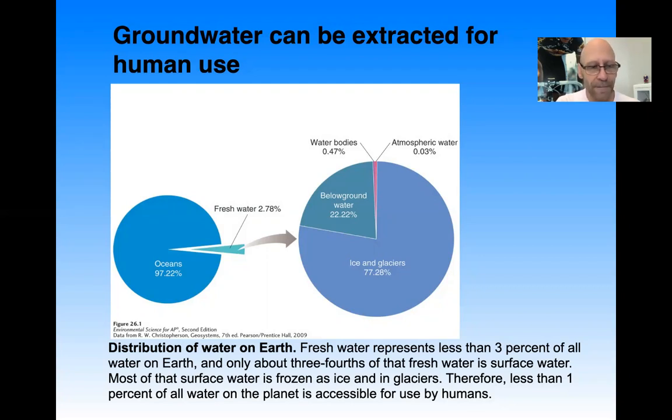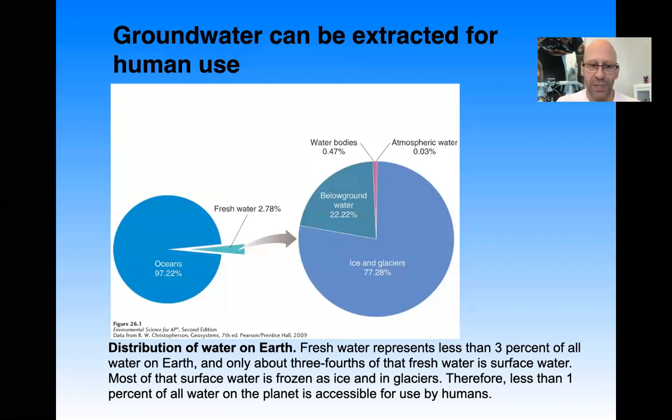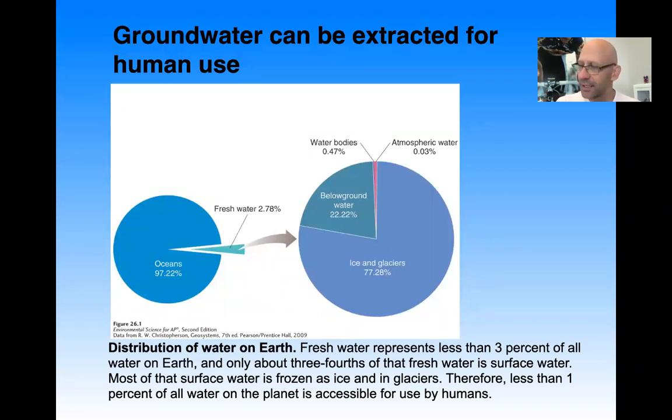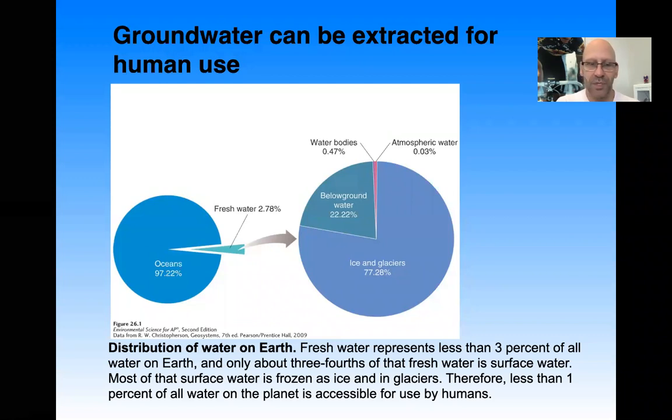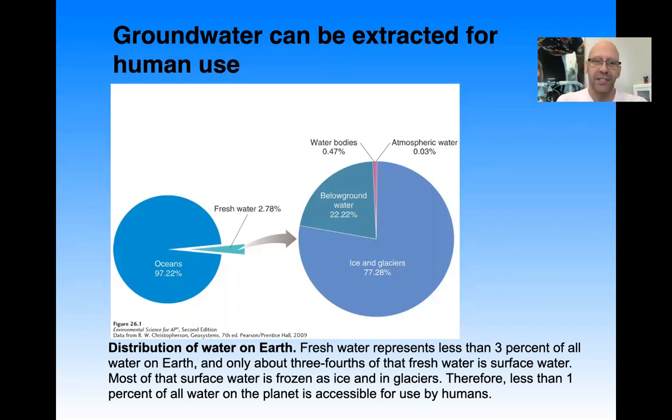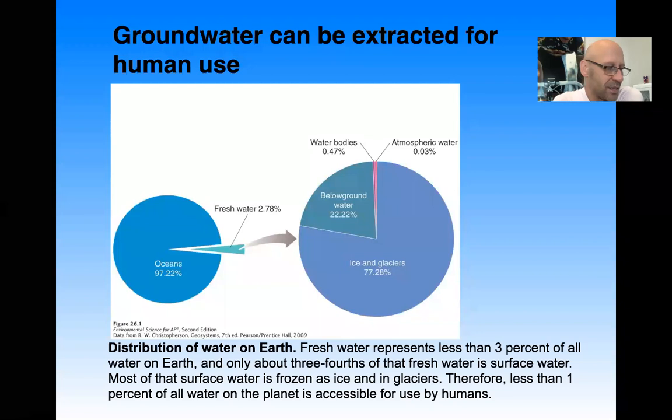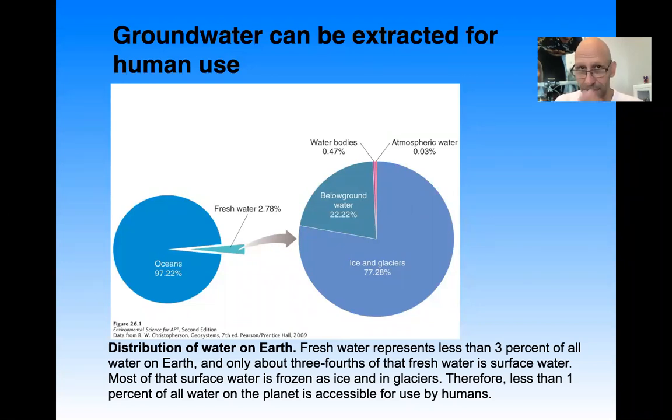We live on this planet that is interesting when it comes to water, because the majority of our planet is in fact water, but the amount of water that's actually available to us as humans to use in a way that is actually important to us is very small. So this is a graph, or a pie chart, I guess, that you should be familiar with.